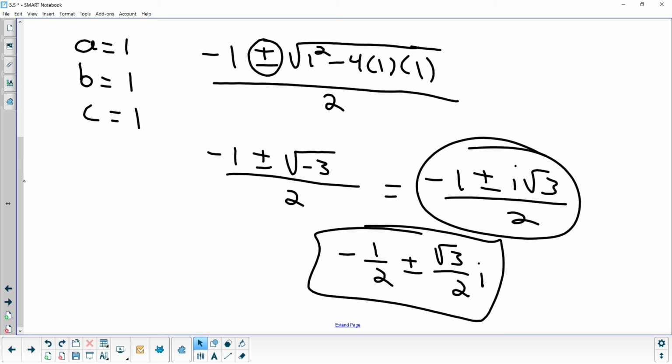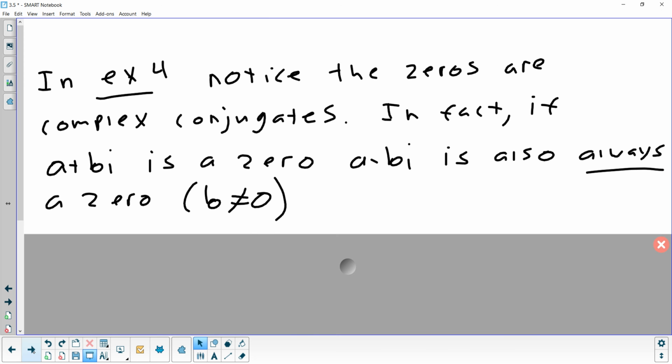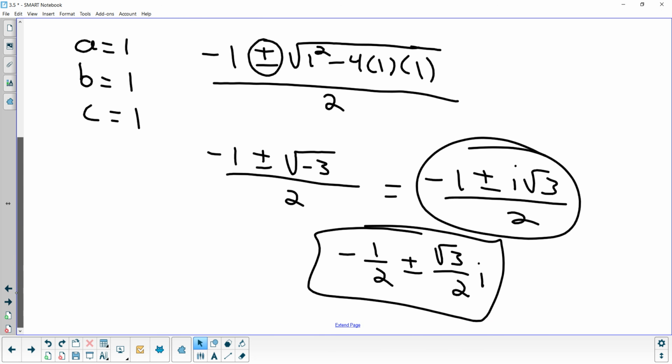Questions on this one? Any part of what we did? All right, let's look at these two answers again. Negative 1/2 plus root 3 over 2i, negative 1/2 minus root 3 over 2i.